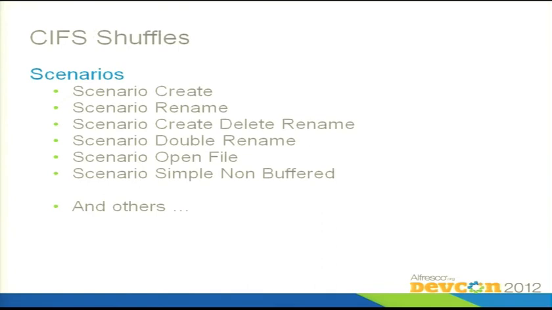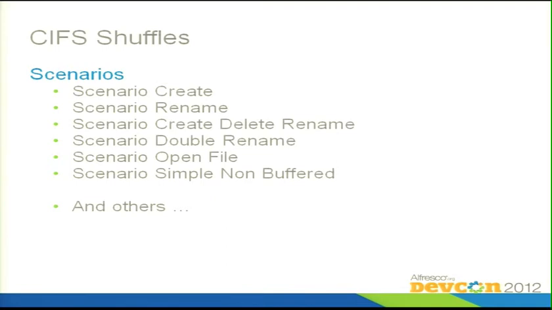And over time we get a collection of different patterns. We've got a create shuffle, which is triggered by a file being created with a funny name. There's a rename shuffle, which is again a file being renamed to a funny pattern.